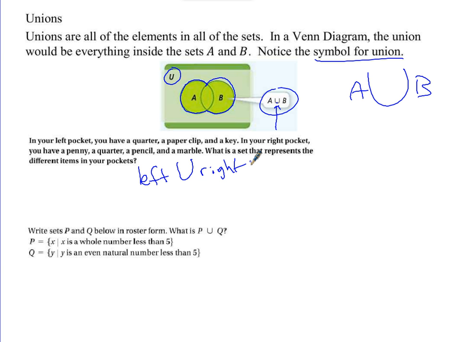Okay? What is left union right? Well, let's call it something. Pick a letter. For a set, we usually go with A. So we'll go with capital A equals, this is a set of stuff, so we open a squiggly bracket, and then we just list stuff. List the things that were in each pocket. Well, in the left pocket, we have a quarter, paper clip, key.